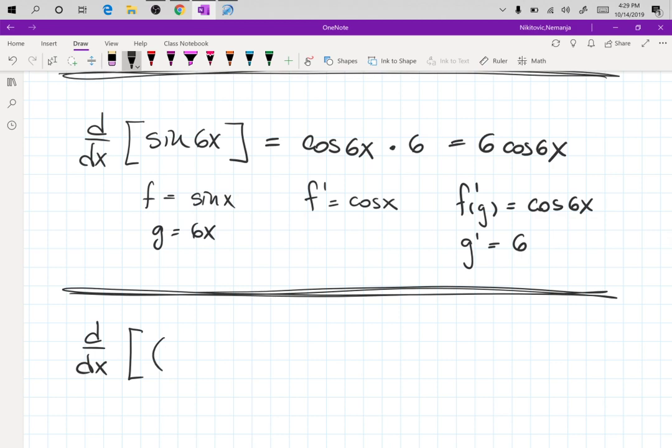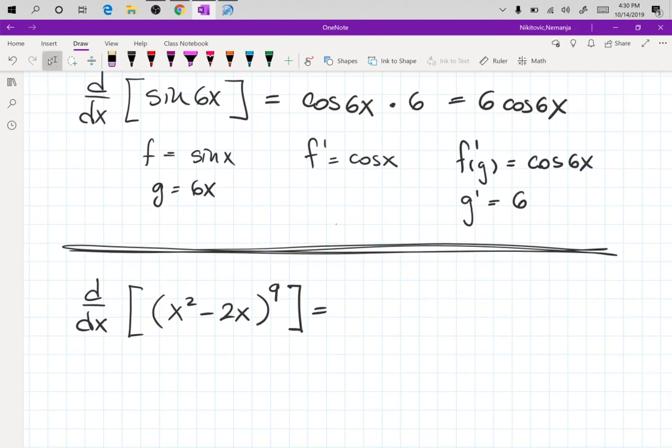How about x squared minus 2x to the 9th power? Is there 3 functions or 2? 2. You have a polynomial raised to the 9th, right? So it's 2.